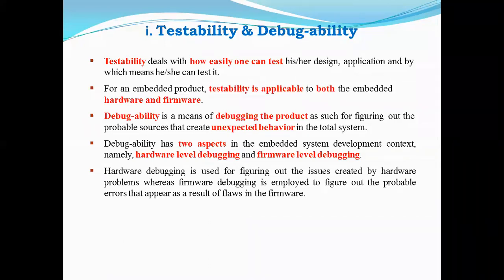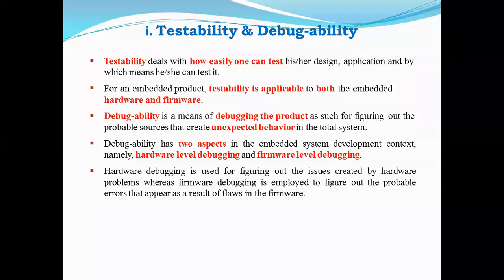Any embedded system has both components, hardware as well as software. In the software, you write the code for that particular embedded system, using C, C++, embedded C or assembly language. So testability has to happen with respect to both hardware and firmware.